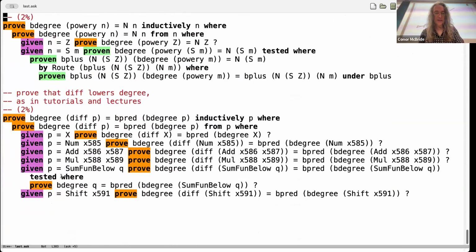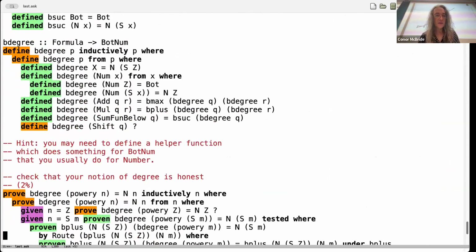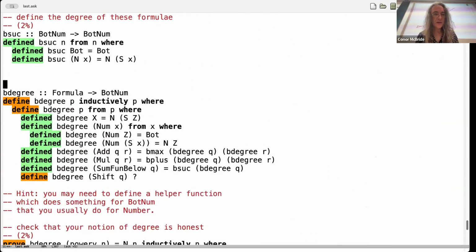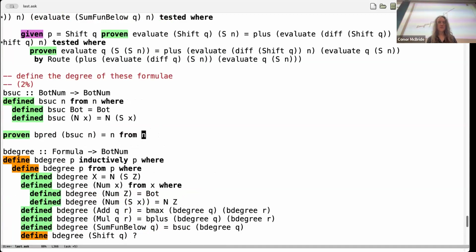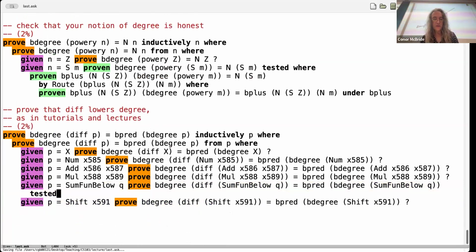And now if I replay this test, I see that I need B pred of B suck of something to be the thing. Fine. And hopefully, if I run this again, we're done.